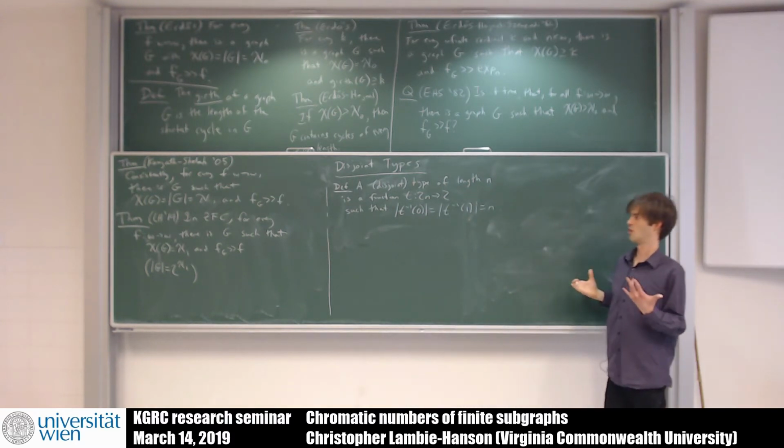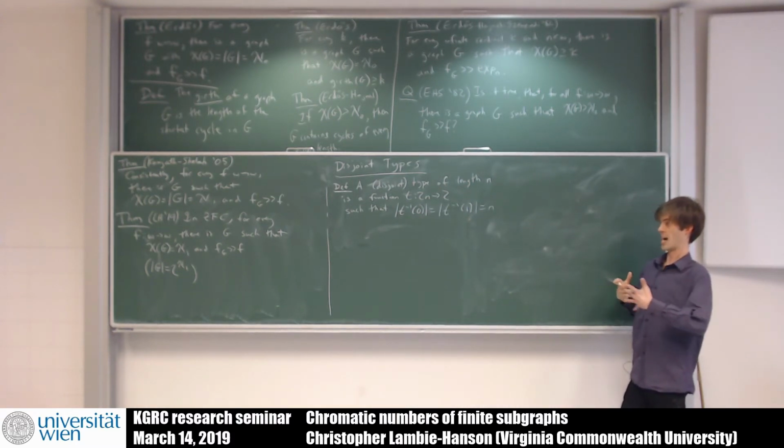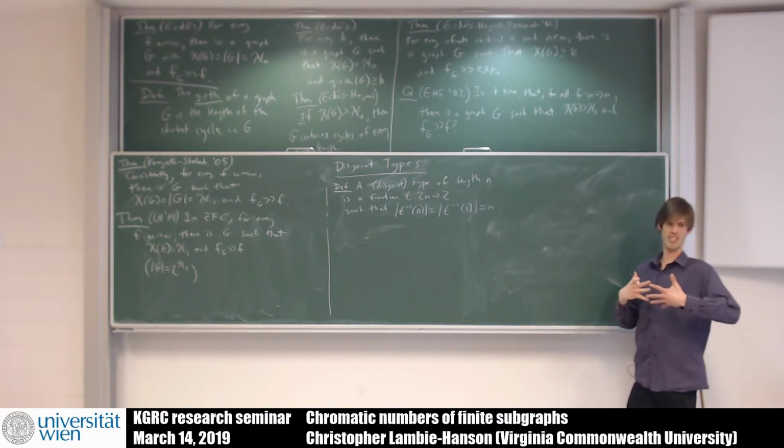So intuitively, this tells you how two disjoint sets of ordinals of size n fit into one another.